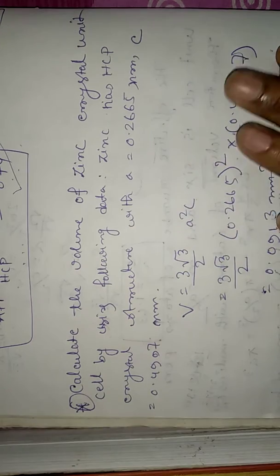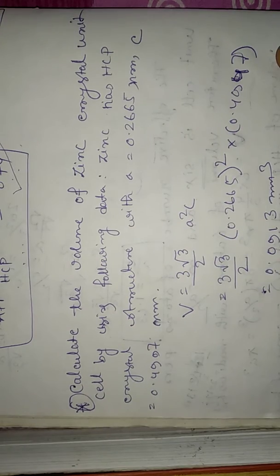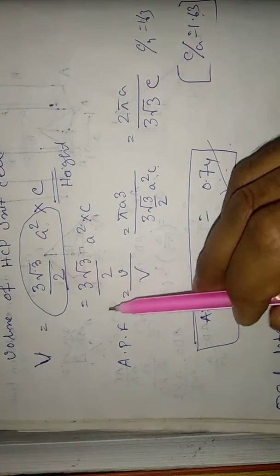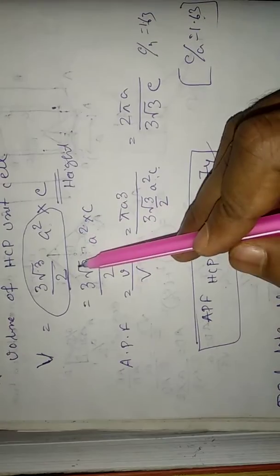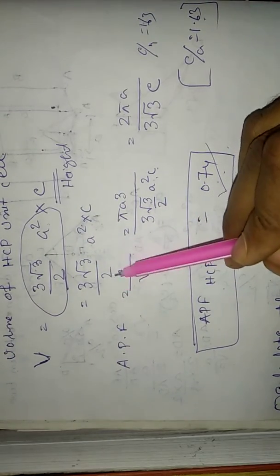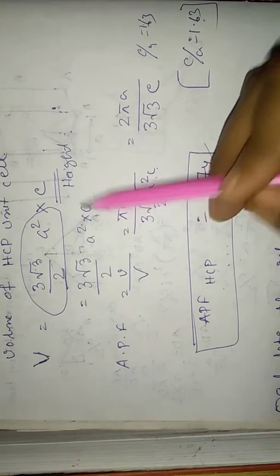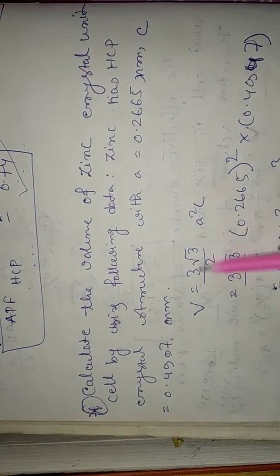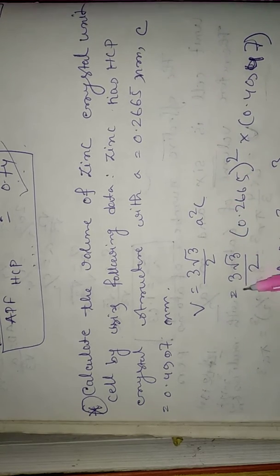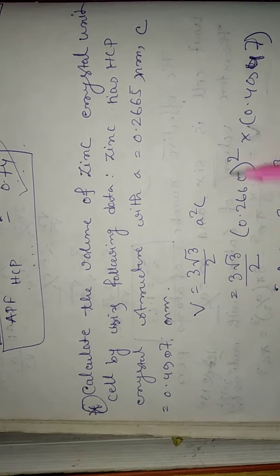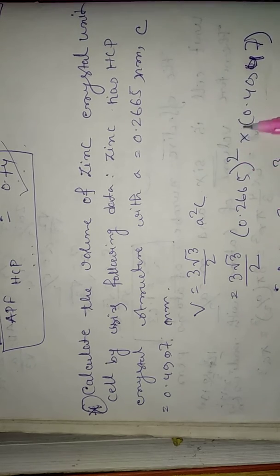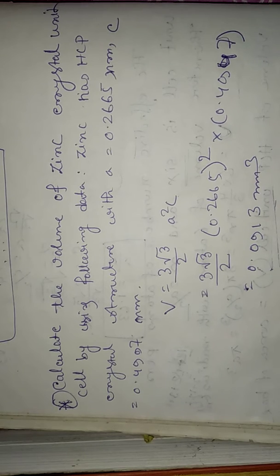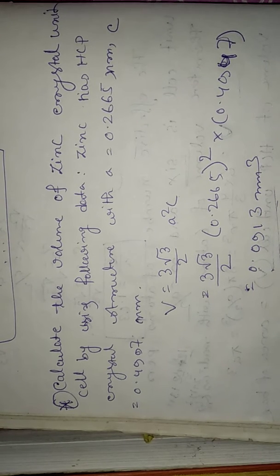So the values of A and C are given, and you have to calculate the volume. In the previous topic we already discussed that the volume of one HCP unit cell is equal to 3 root 3 by 2 into A square into C. So V is equal to 3 root 3 by 2 into 0.2665 the whole square into C. After calculation you can get the volume of the unit cell of zinc, which is an HCP crystal structure.